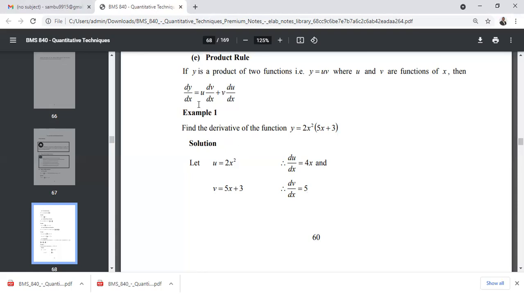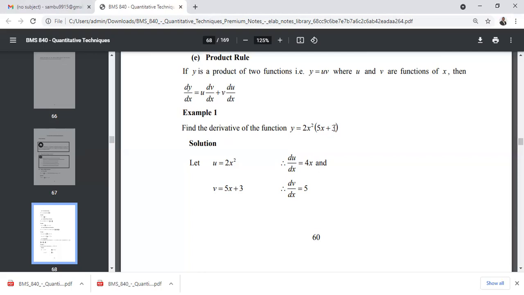So my u is 2x squared multiplied by dv over dx. My dv over dx is this differentiation, so it is 5. So it will be 2x squared multiplied by 5 plus my v is now 5x plus 3.